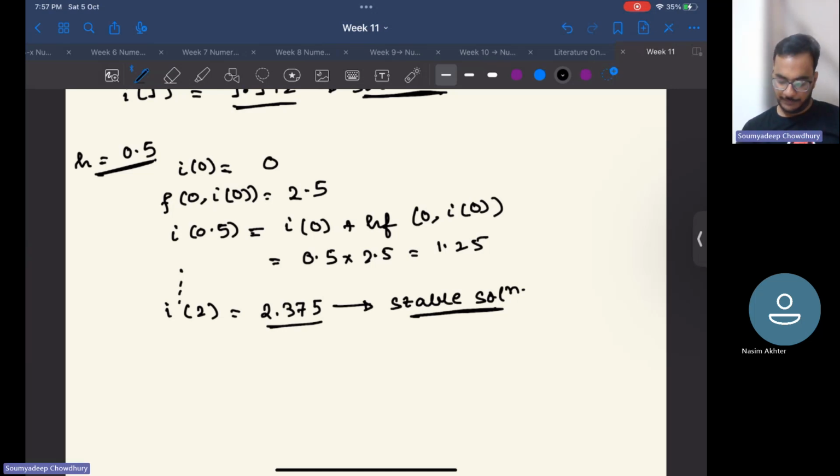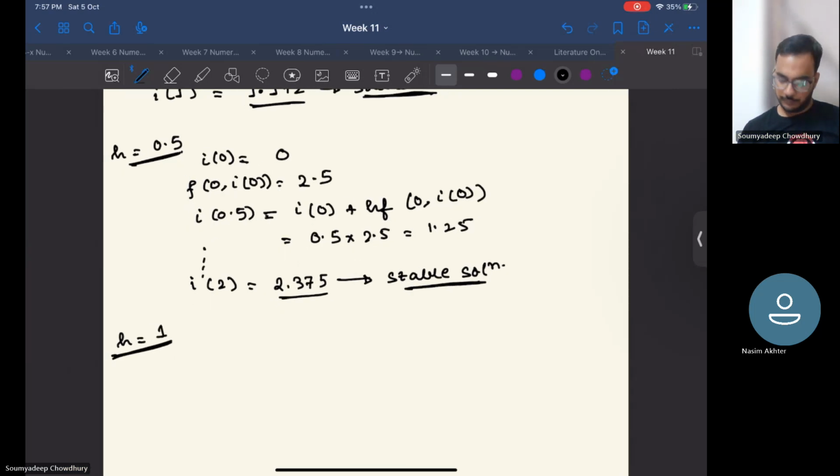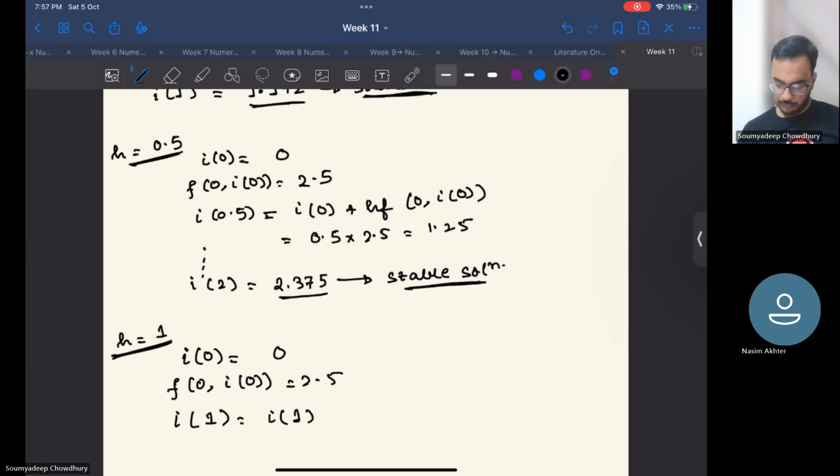Now suppose we take h equal to 1 and we try to do 4 steps here. I of 1, with h equal to 1, we will get as 2.5.